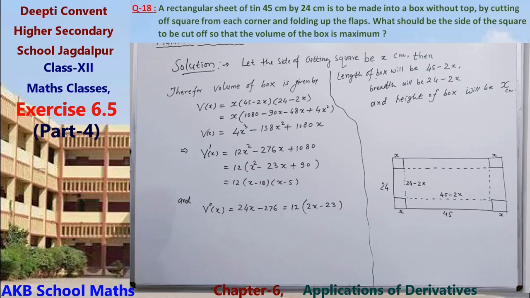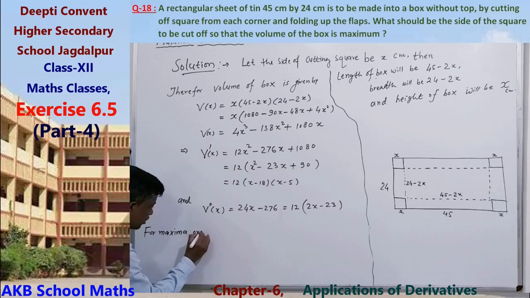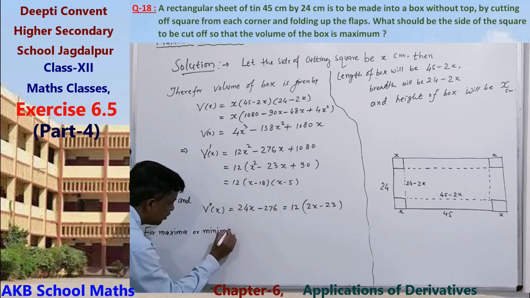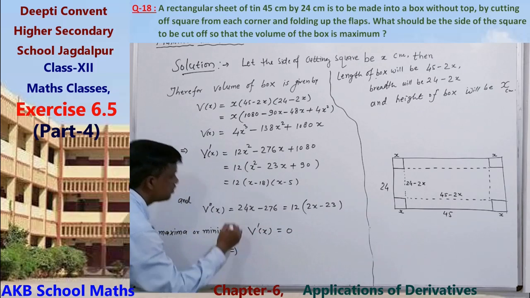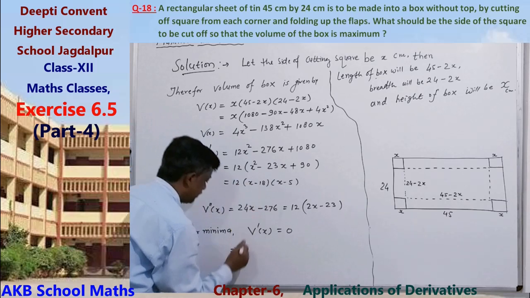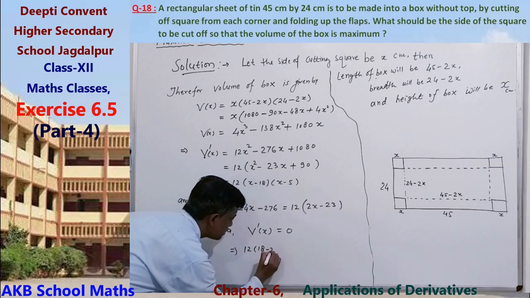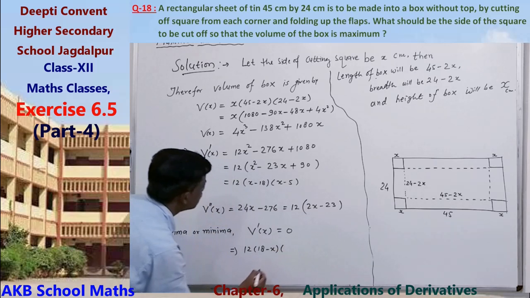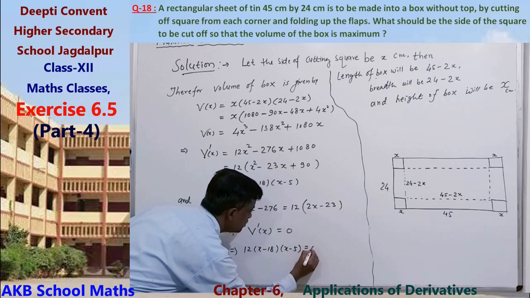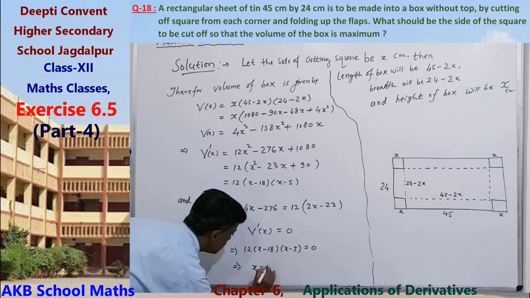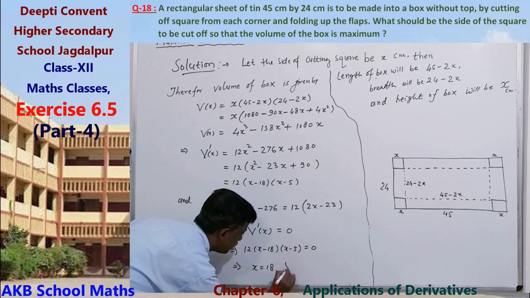Okay. Now for critical points, for maxima or minima, V dash x equals 0. So solving it, 12 into (x minus 18) and (x minus 5) equals 0, x equals 18 and 5.